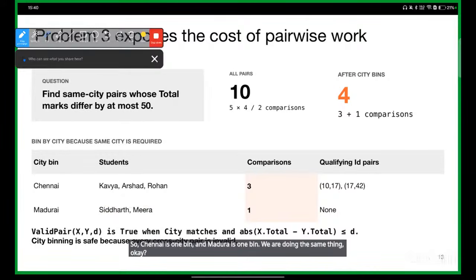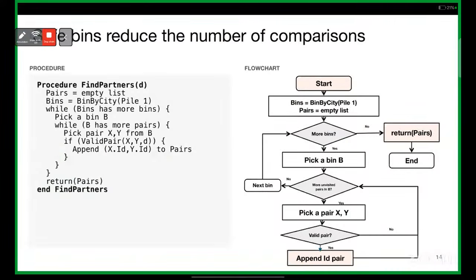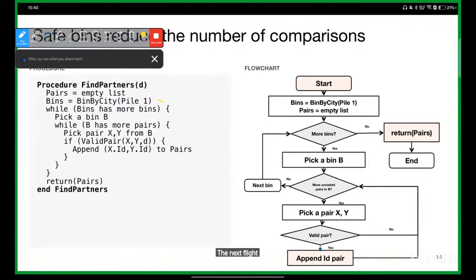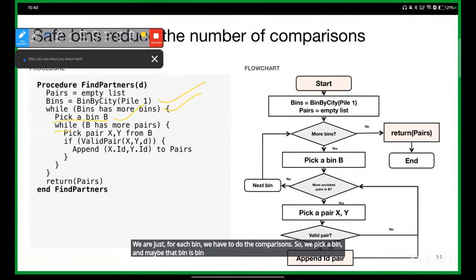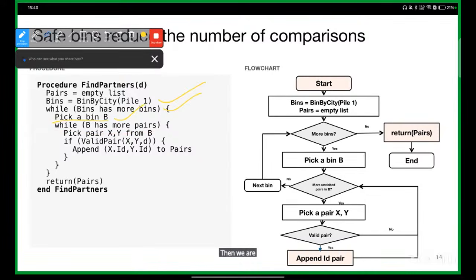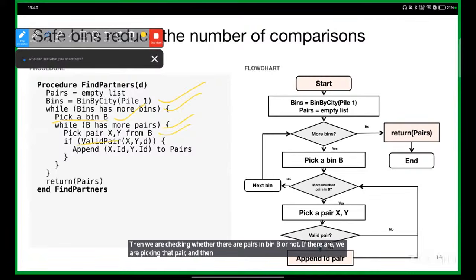Next slide. Over here, first we got the bins. Now for each bin, we have to do the comparisons. So we pick a bin, maybe bin B, and check whether there are pairs in bin B or not. If there are, we pick that pair and check whether the pair is valid or not.